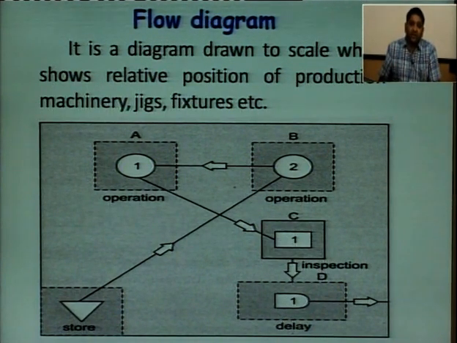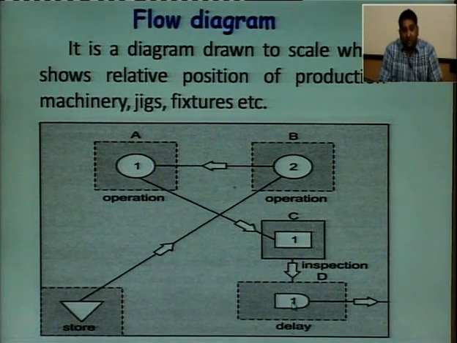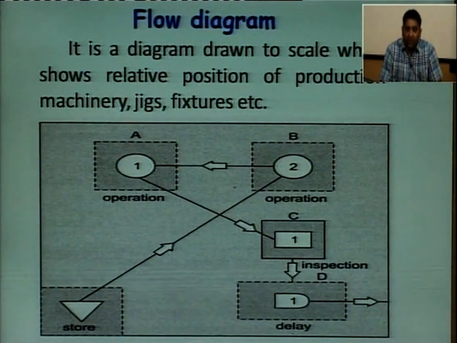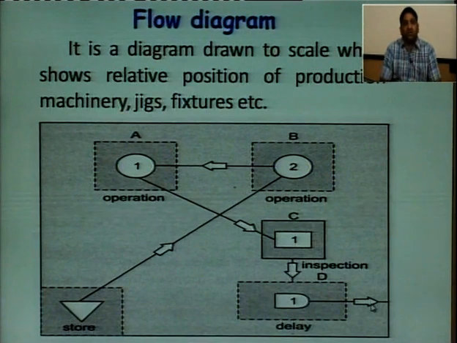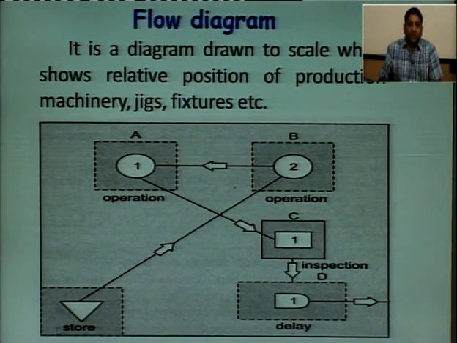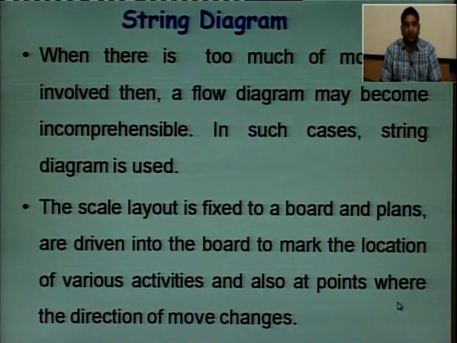Then finally we put D. D stands for delay. Here we can have delay for transportation, delay for packaging, and then finally to the market. So this flow diagram shows the movement of material right from store to transportation and to market.